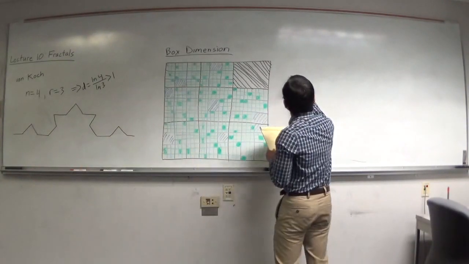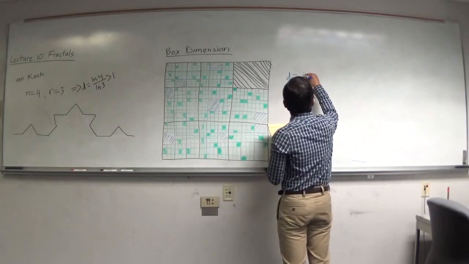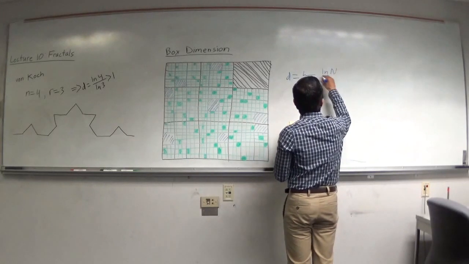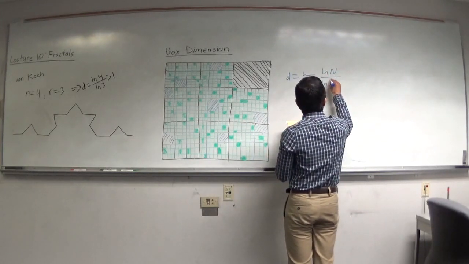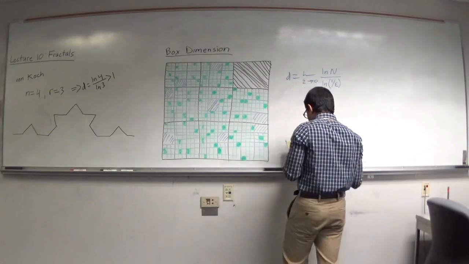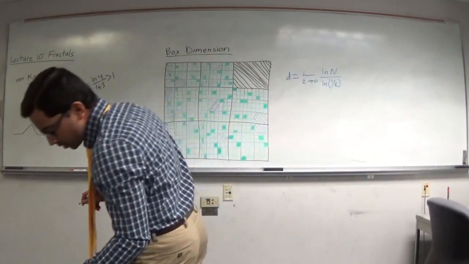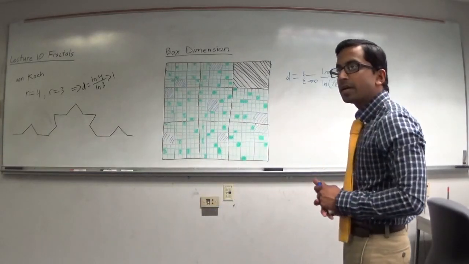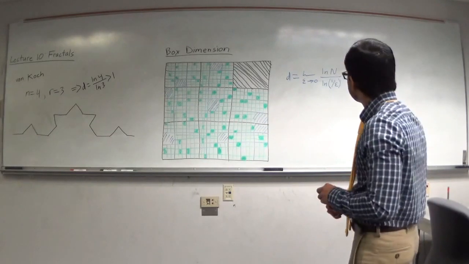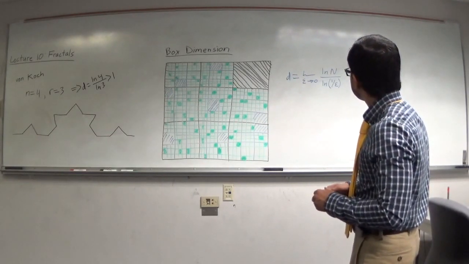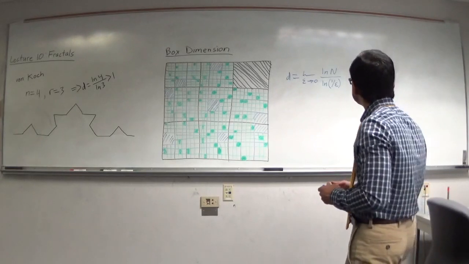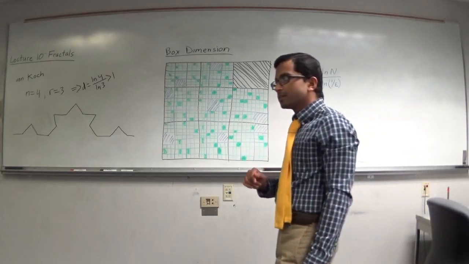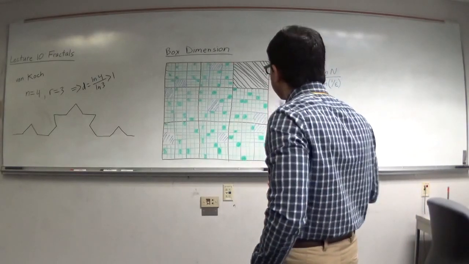D is going to equal the limit as epsilon goes to 0 of ln N over ln of 1 over epsilon. Clearly, N, the number of boxes, is going to depend on the level you're at, right? So here, we're going to need N as a function of epsilon. Let's think of how we're going to write that.